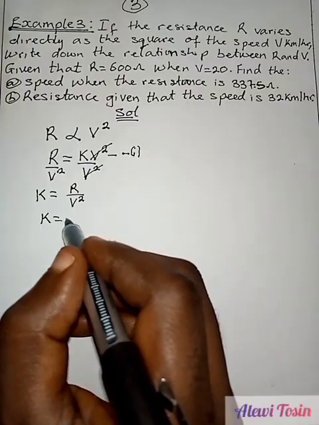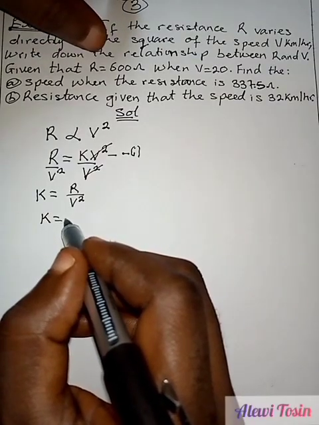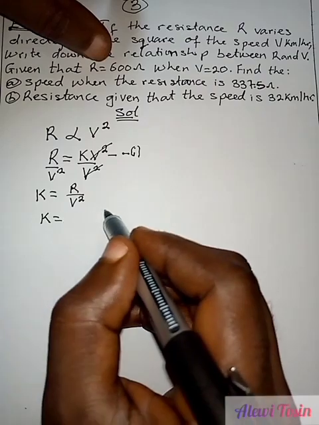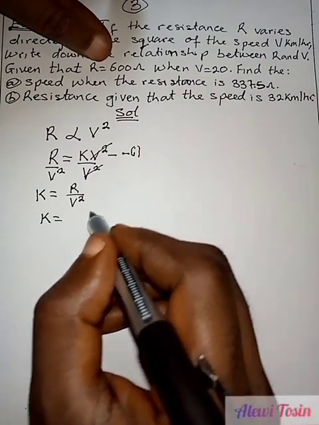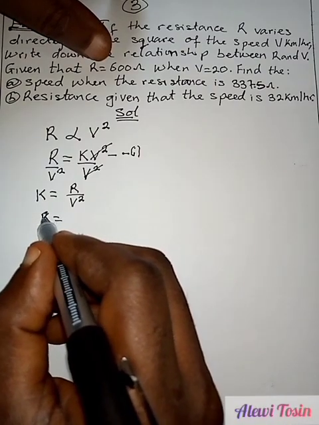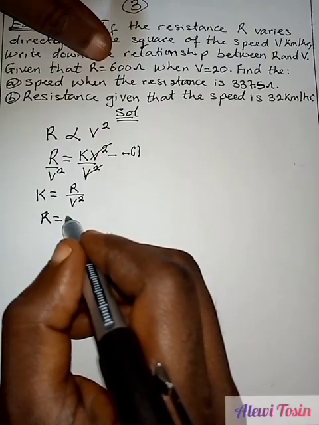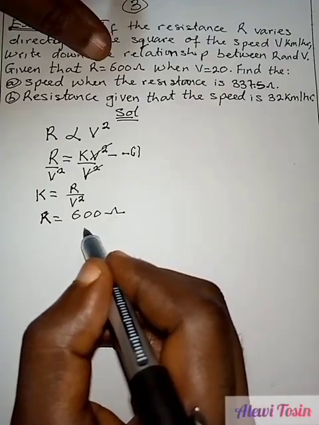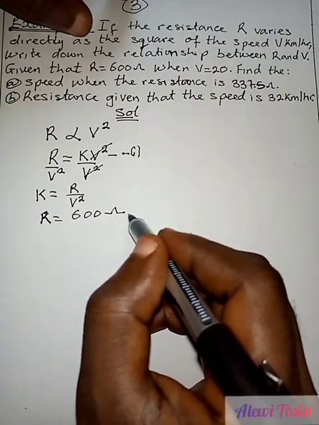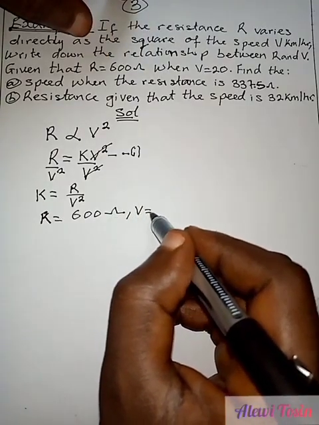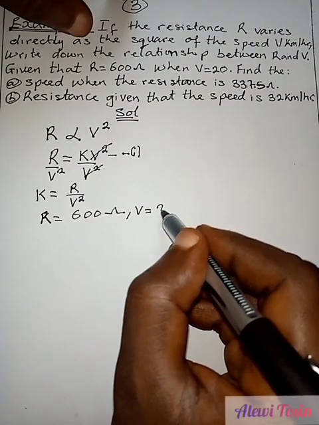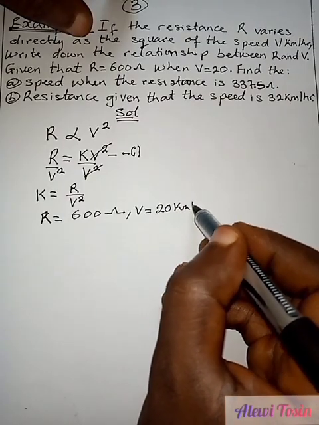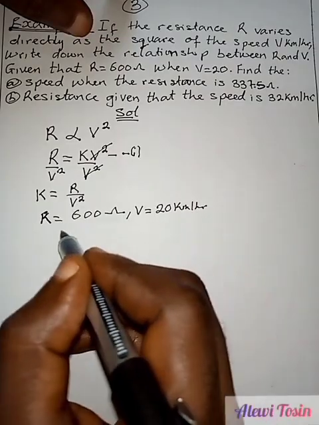We are told that given R equals 600 ohms, and our V, which is speed, is 20 kilometer per hour.